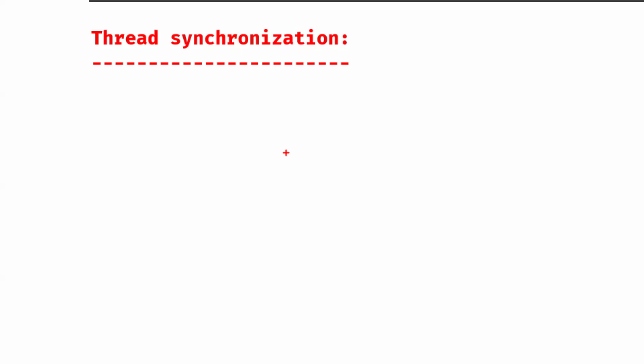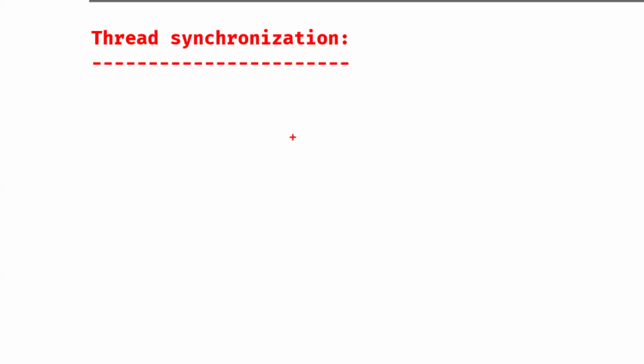The first thing is that two threads can share the same resource. For example, yesterday I created one concurrent hash map object. Resource means object.